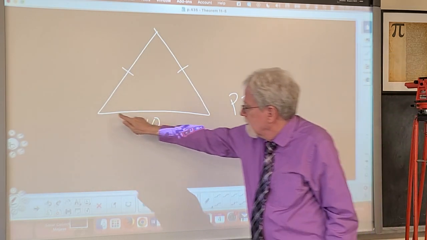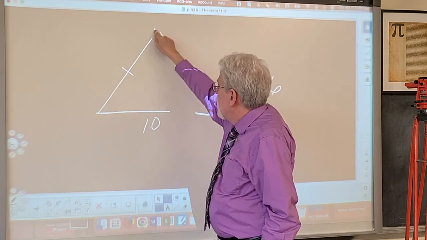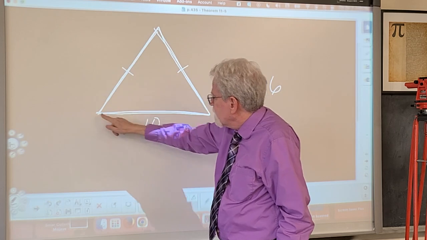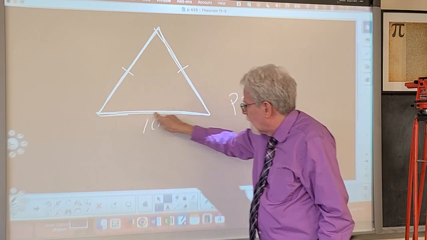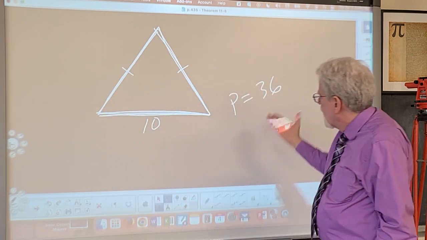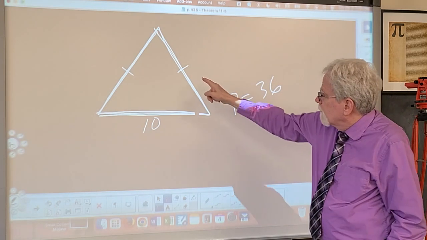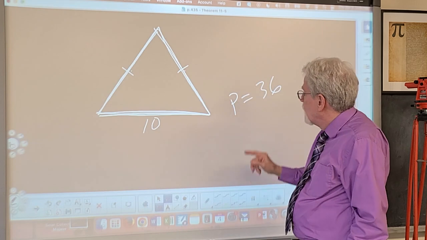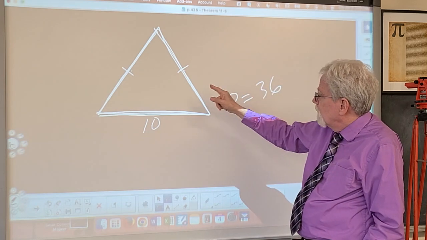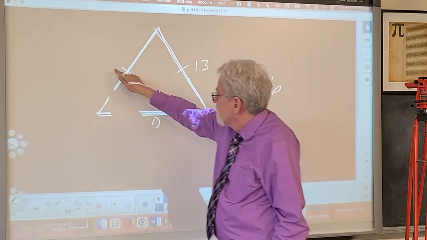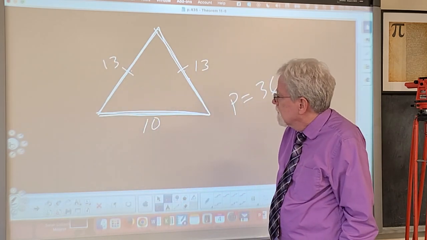Perimeter is the distance around. Well, of that distance around, 10 of it is already used up right here. That leaves us with 26 to account for. Well, because it's isosceles, that 26 has to be split equally between these two, so it's got to be 13 and 13.